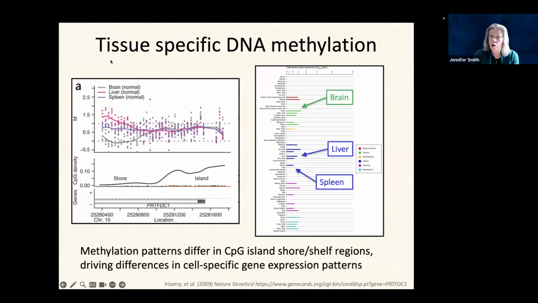Here's one reason why it becomes interesting. When we look at how the methylation and correlation patterns differ across these tissue types, this is an example from brain, liver, and spleen.